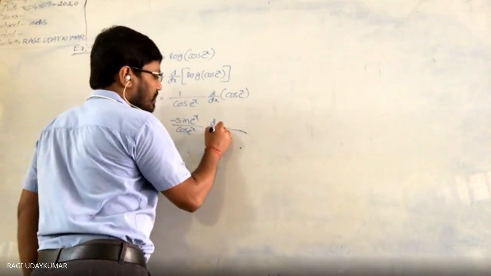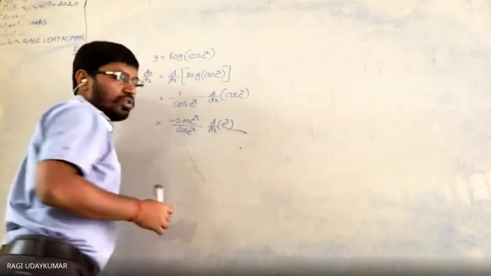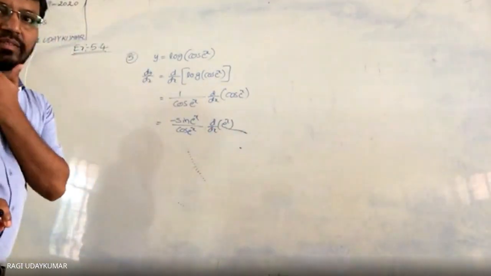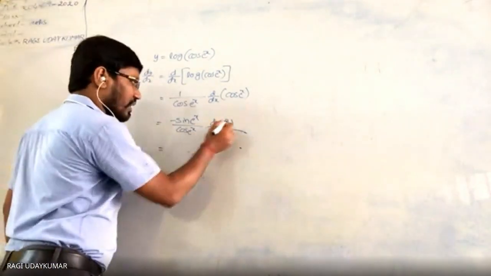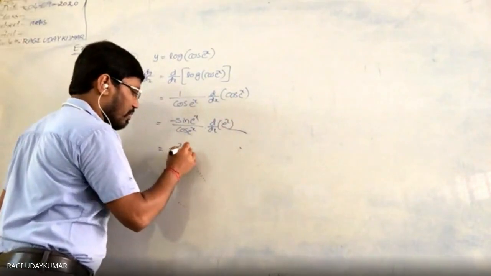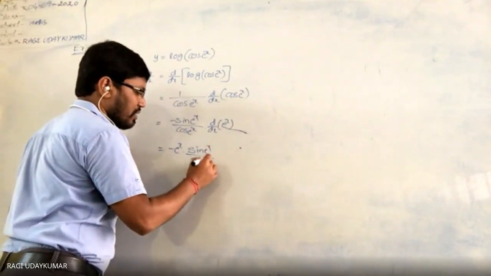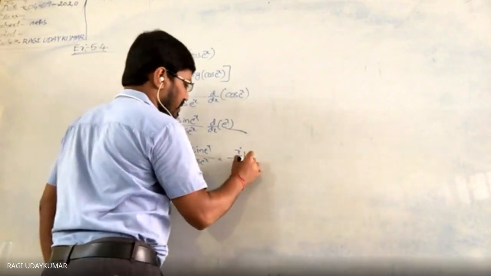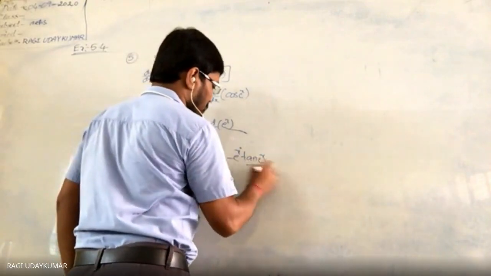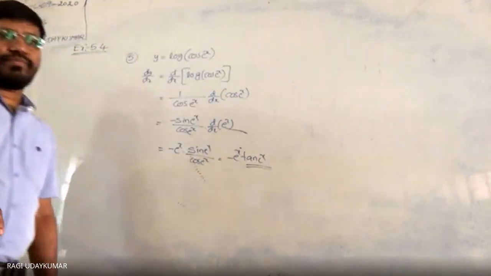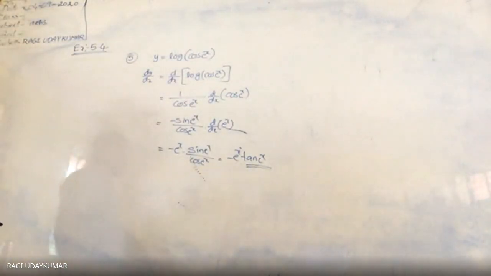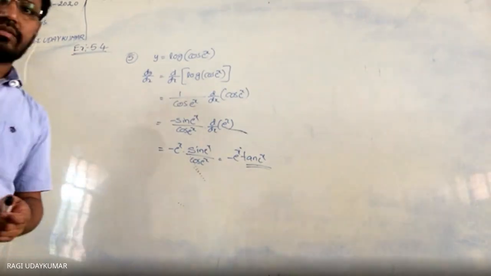Again, differentiation of e power x, so what do you get from this? E power x differentiation is e power x, into sin e power x by cos e power x. Sin e power x by cos e power x can be written as tan e power x. So this is the final answer for that. Did you understand here?